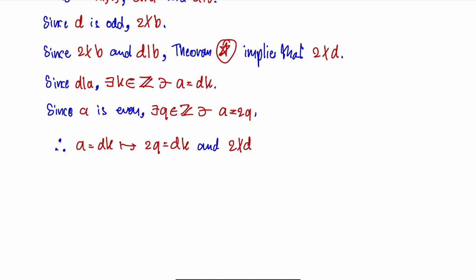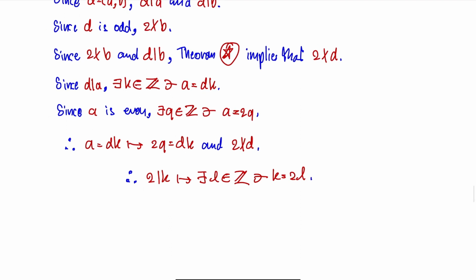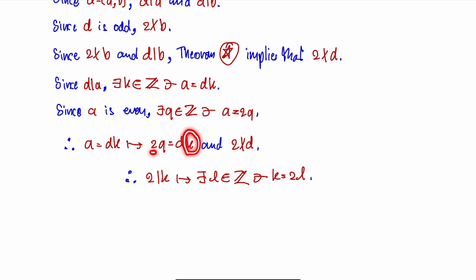Now, what happened to k? We have dk equal to 2q. That means that 2 must divide k, right? Since 2 does not divide d, 2 must divide k.